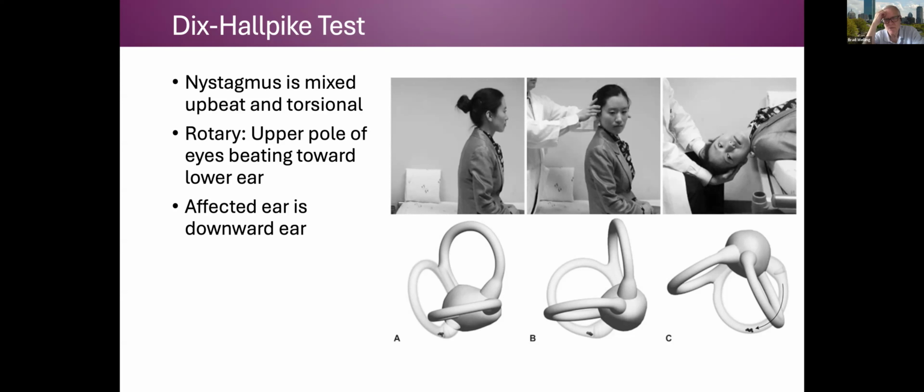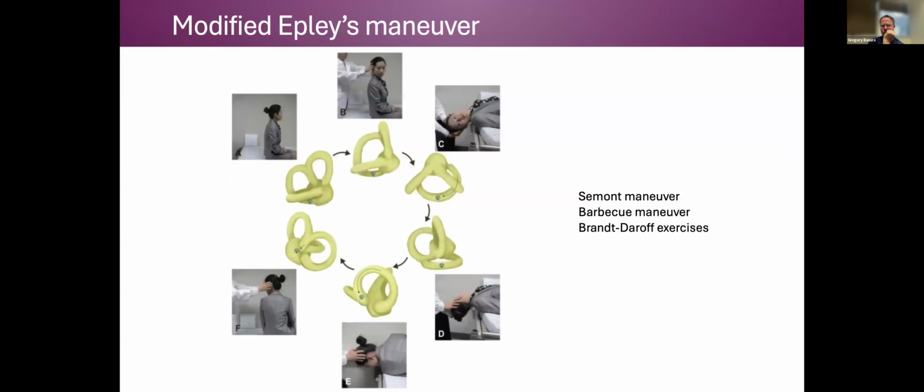I think the one thing in my mind that distinguishes between cupulolithiasis and canal lithiasis is that when you do the Epley maneuver and you roll them over completely, when they sit upright, their nystagmus should continue in the same direction that it was going before. If the rotatory component reverses, then it may be that the otoconia are stuck on the cupula, and therefore, when they come up, it starts going the other direction.